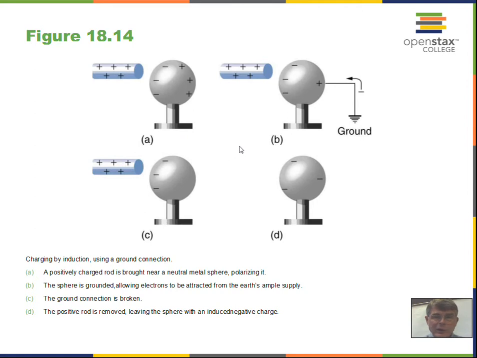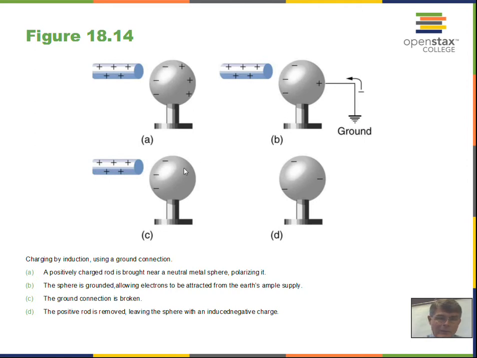Charging by induction always leaves the opposite sign of charge compared to the rod that we bring up. If we bring up a rubber rod that has an excess of electrons on it, it would push electrons away. Electrons would be pushed down to the ground or into a human body that's touching here.